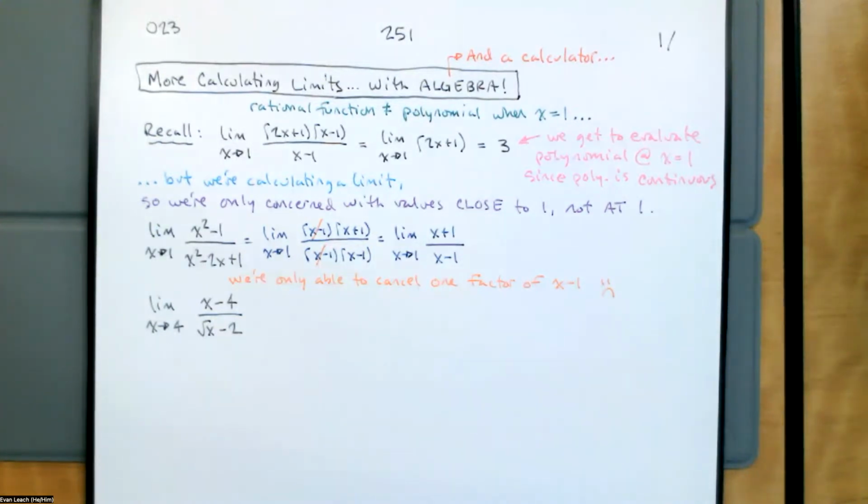Bad news, there is still a factor of x minus 1 in the denominator, so I can't plug in. Since this is a rational function, knowing that we still have a value that makes the denominator equal to 0, that means we have a vertical asymptote in our graph. And that means the limit does not exist.